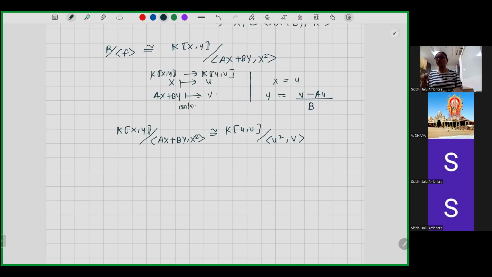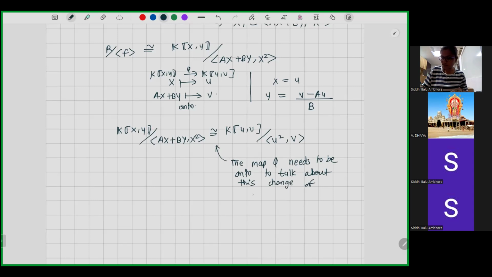Once I have this onto-ness, this shifting of parameters or change of variables is valid, and I can talk about this isomorphism. Let me call this map pi; the map pi needs to be onto to talk about this change of variables.